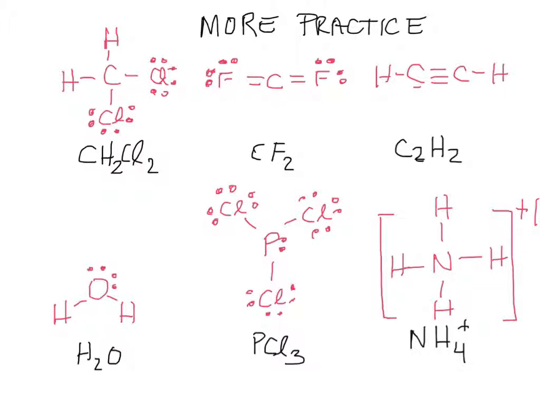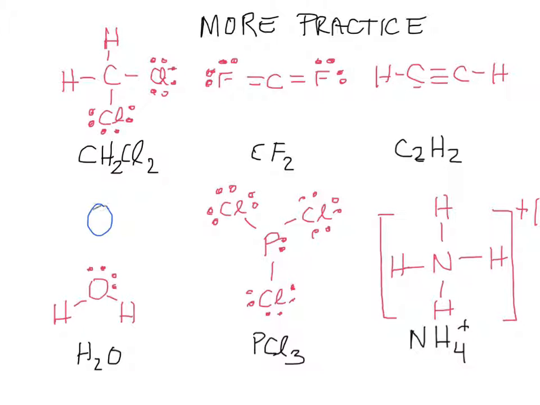But let me give you an example of something that is not the correct way to do these. Let's just pick water here, for example. This is water down here. I'm going to draw you a structure the way it's not supposed to be done, and I'm going to put that in blue.